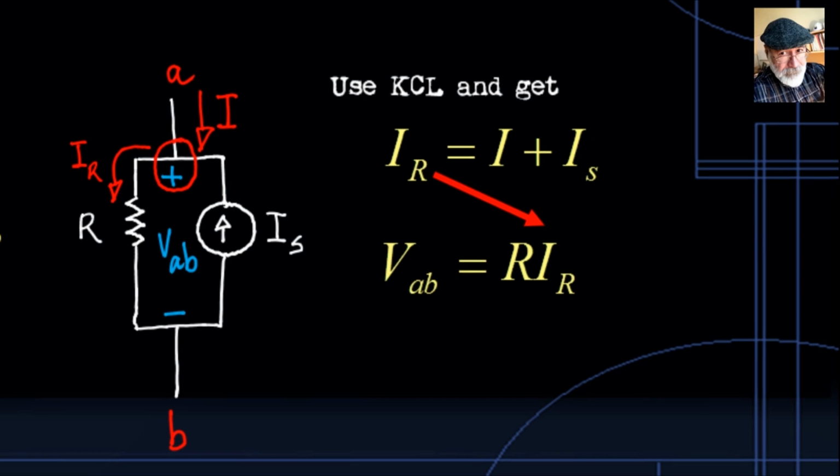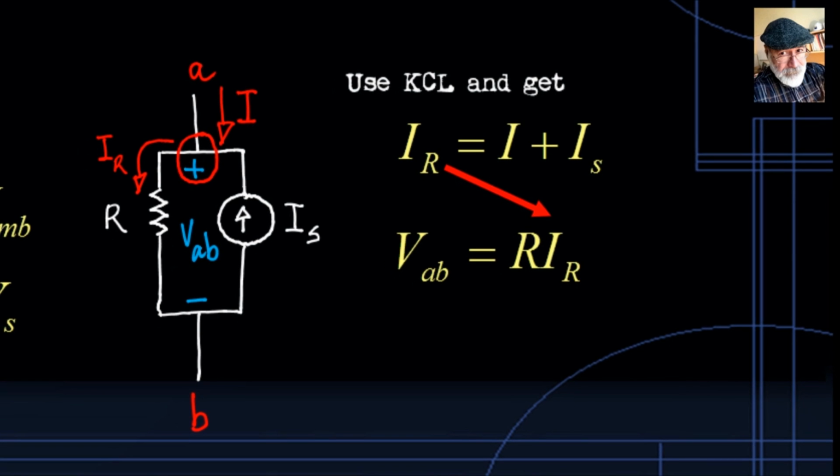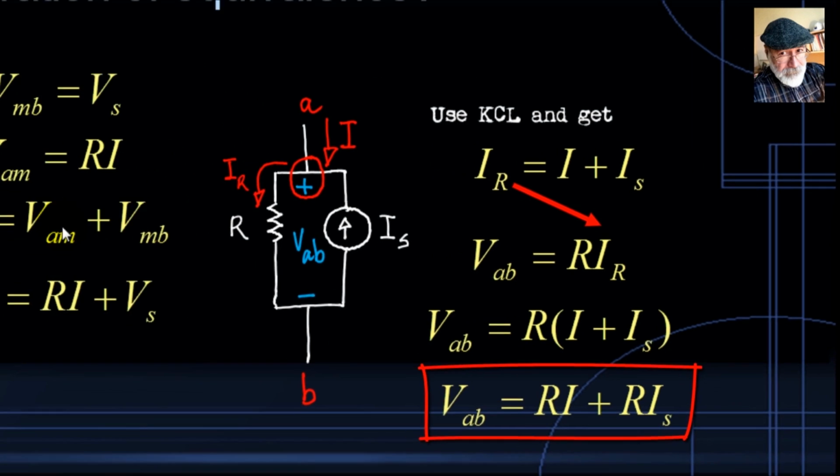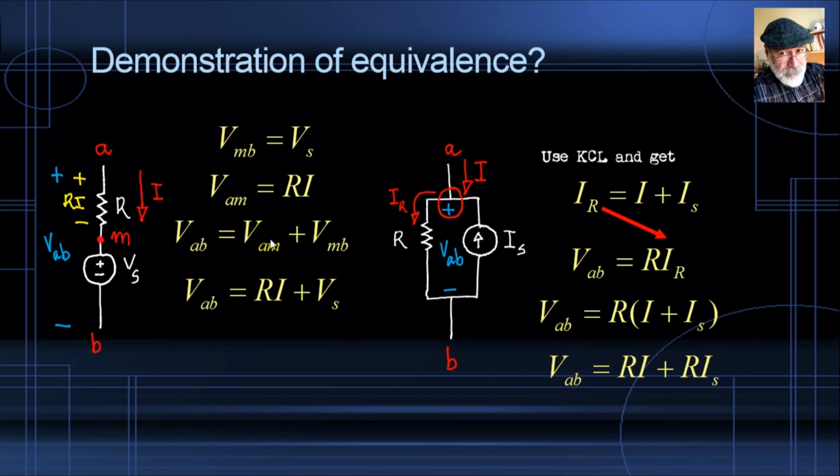But if we replace this value for the current in the resistor and we expand, we distribute that multiplication, look what we get. The voltage VAB in the circuit on the right is the sum of Ri plus RIs. But that voltage needs to be the same as the one we got for the branch on the left.